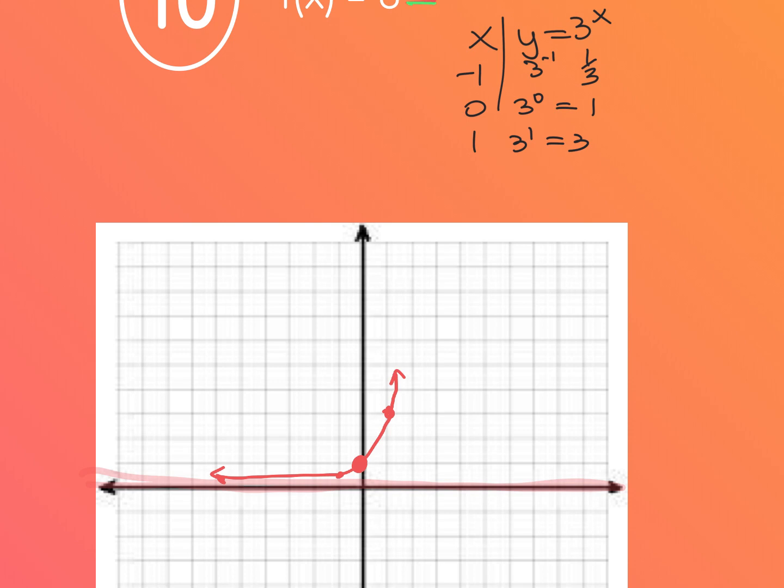So I'm doing 2 units to the right. So right here, and right here. And then it'll skim right along that same asymptote because I'm not shifting the asymptote when my transformation is left and right.